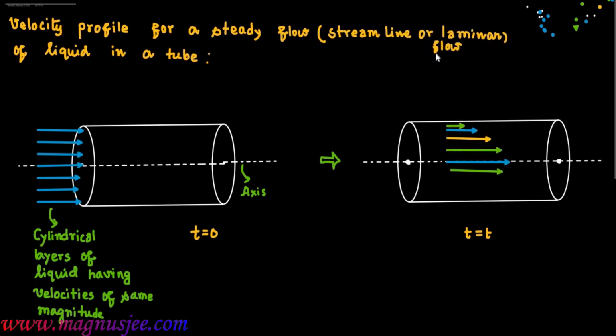So in this case, the velocity of flow of liquid of different layers will decrease from the axis of the tube to the wall of the tube, and the velocity of the layer of liquid will be 0 at the wall of the tube.